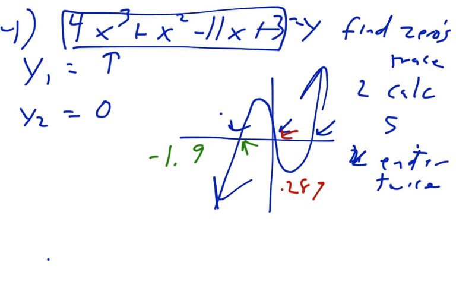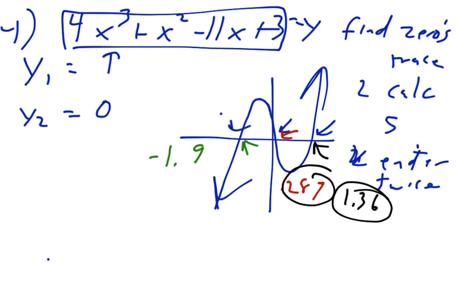And then once more for good measure to get the third one, second trace, intersect, enter, and then move over to the far right one and I get an answer of 1.36. And so there are my 3 zeros for this problem.